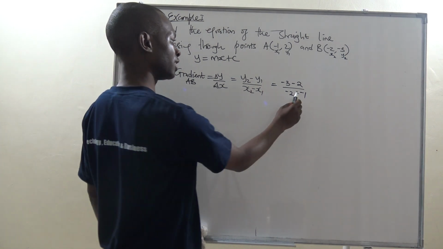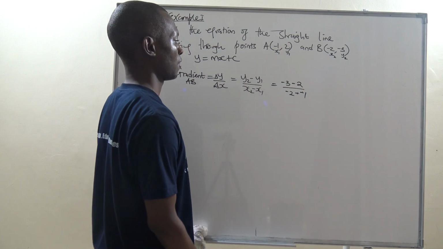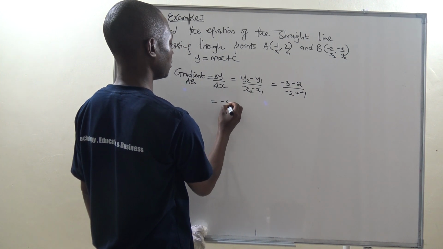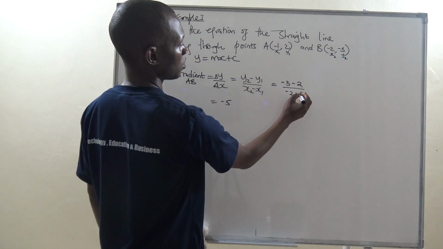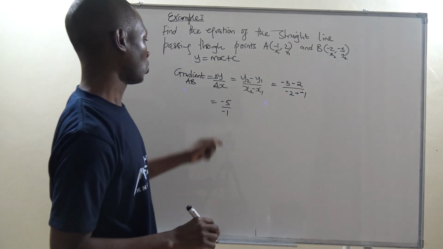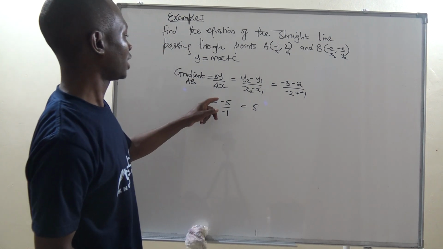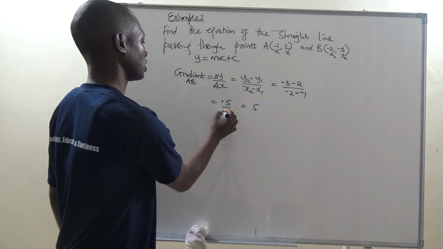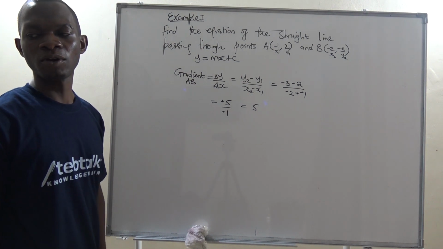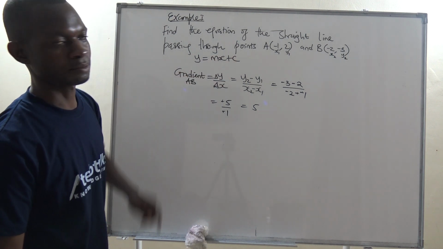You all know that a negative times a negative becomes a positive. So, -3 minus 2, we get -5. -2 plus 1, you have -1. So, -5 divided by -1, you get 5. A negative divided by negative, you get a positive. That is our gradient.